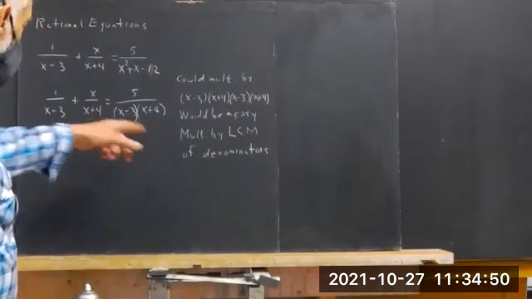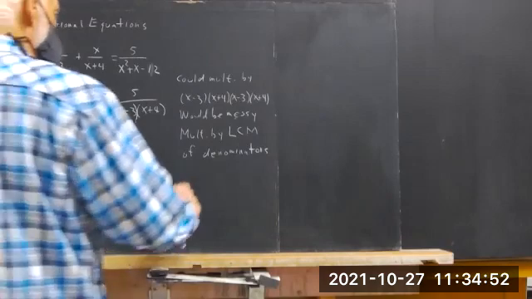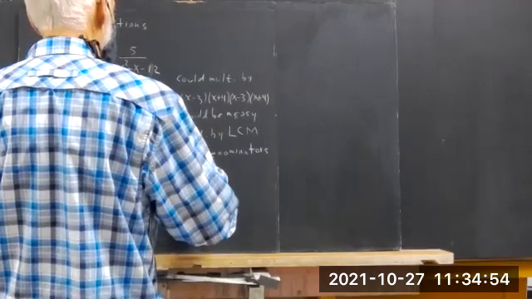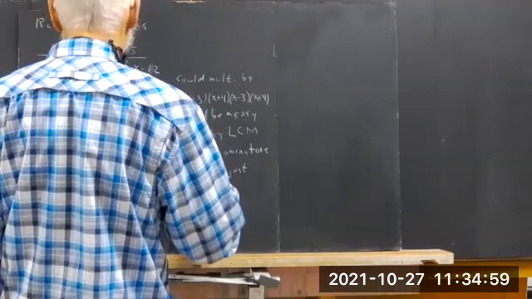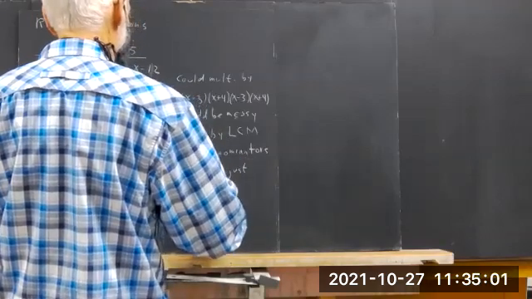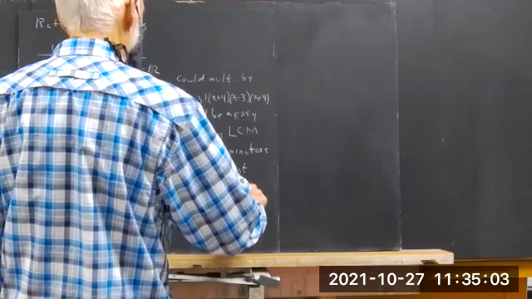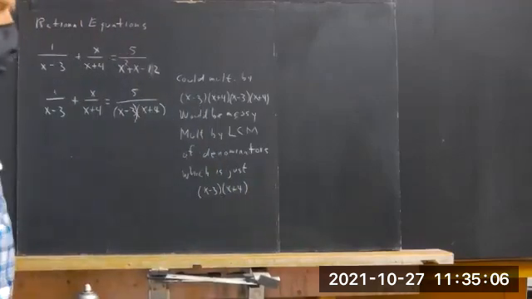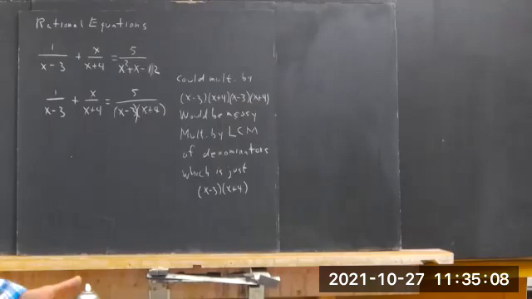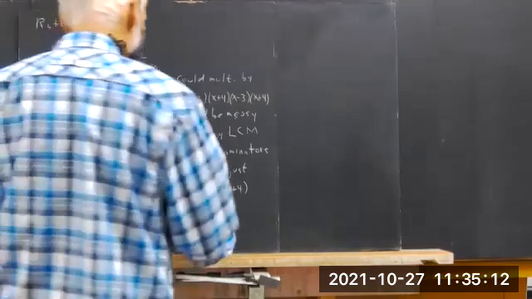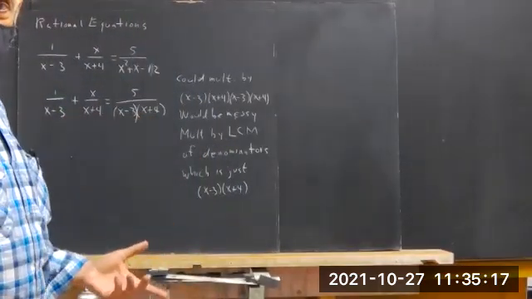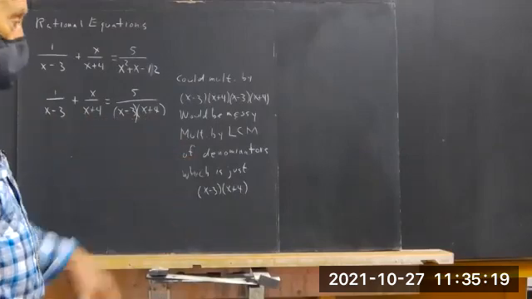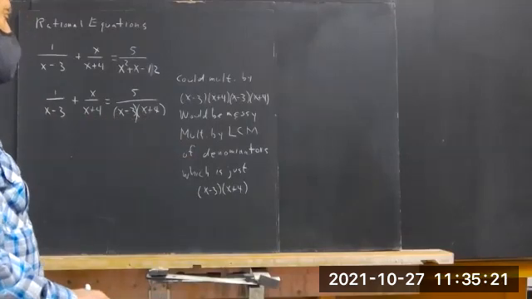Multiply by the least common multiple of these denominators, which is just x minus 3 times x plus 4. That's all you need to wipe out all your denominators. Of course, the least common multiple of your denominators is your greatest common denominator.